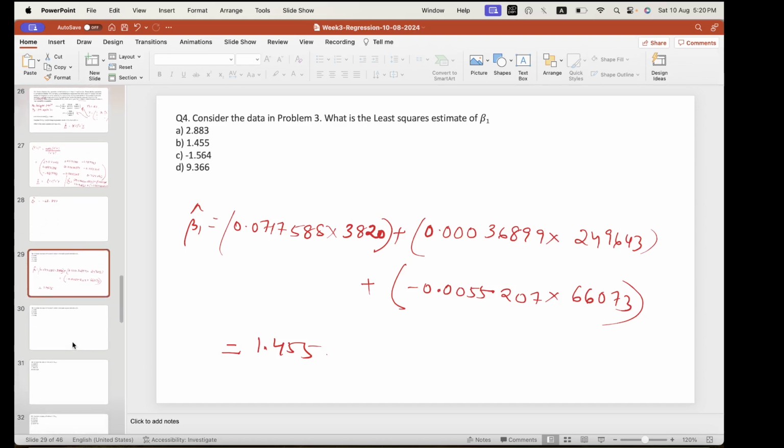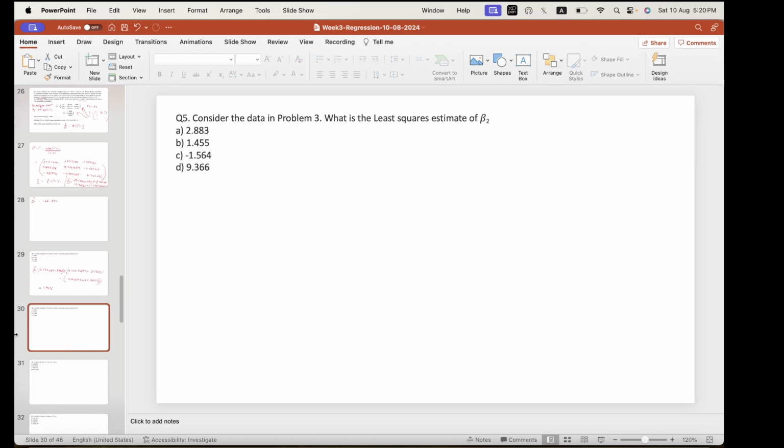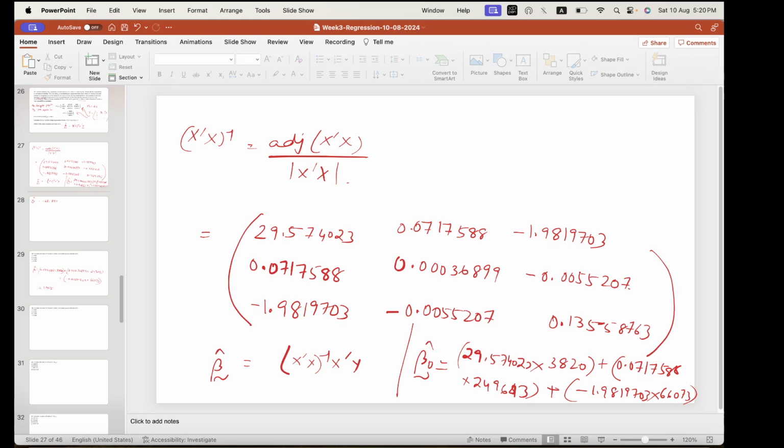And similarly, if we want to calculate beta 2, we'll have to do this third row into column.